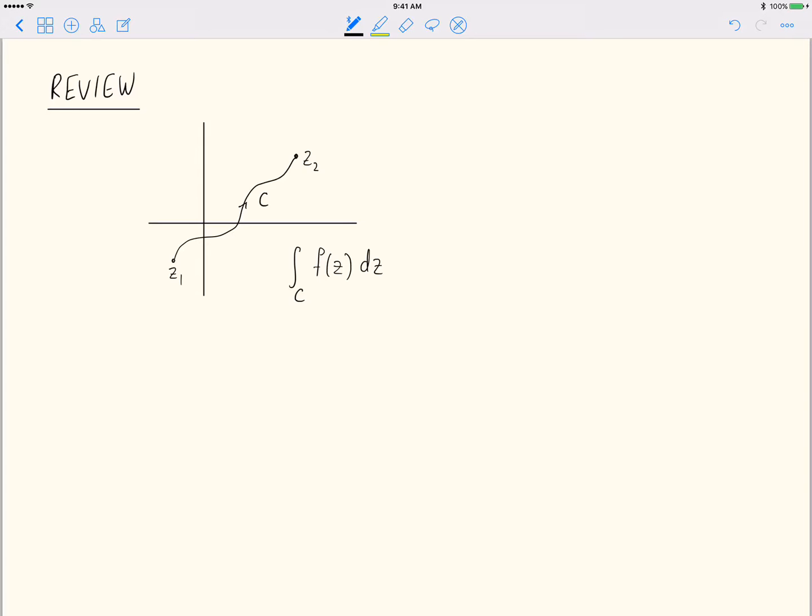So far we've talked about two different techniques to do this. Both techniques require your function f to be continuous on C. Okay, so the first technique which we spoke about was using what's called the fundamental theorem.